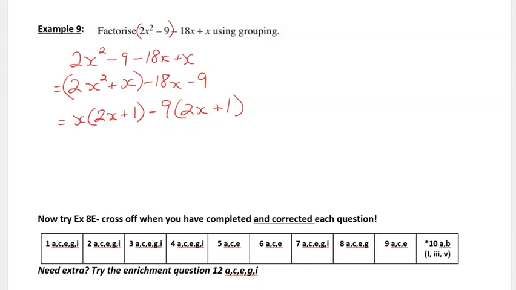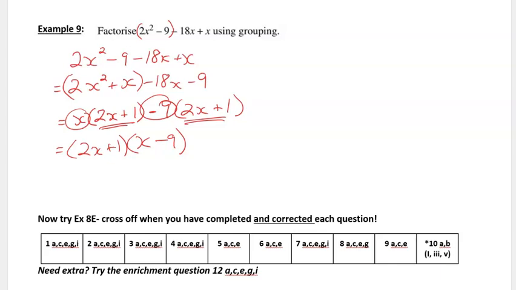Yeah, it works. So now I've got these common factors, so I have 2x plus 1, and then I'm left with another x minus 9, and I have factorized it, and it works.